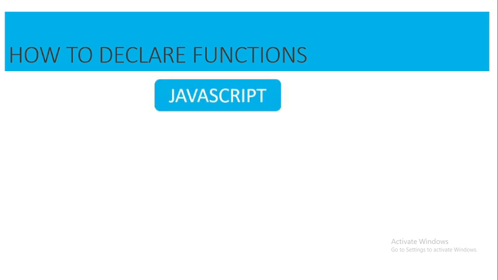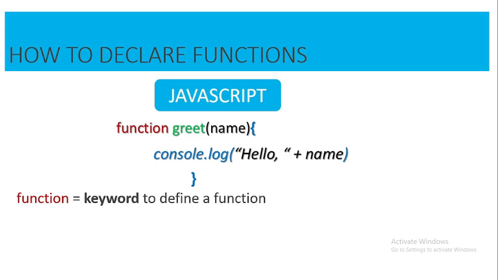In JavaScript programming language, to create a function in JavaScript, you use the keyword function. Then greet, here too we are using greet as the function name. Then we have the name inside the bracket as a parameter.